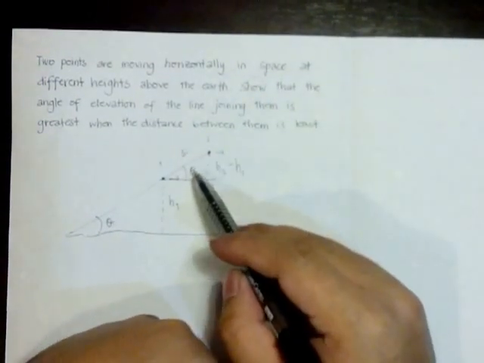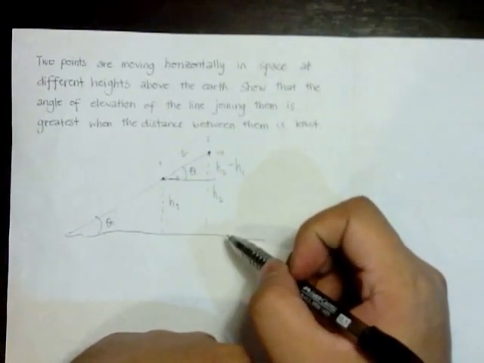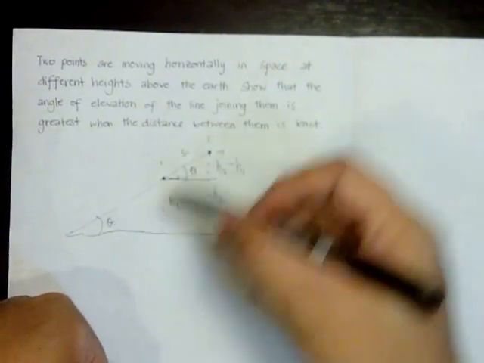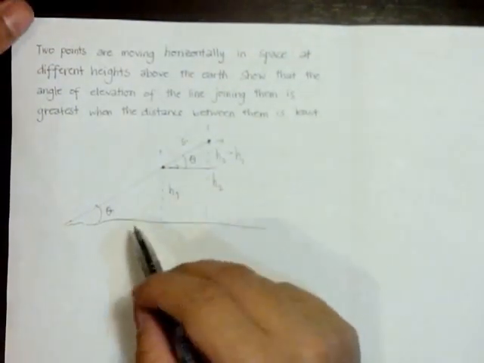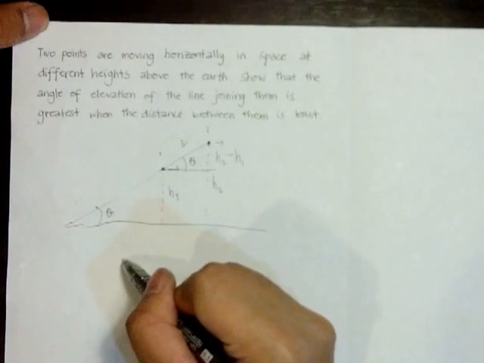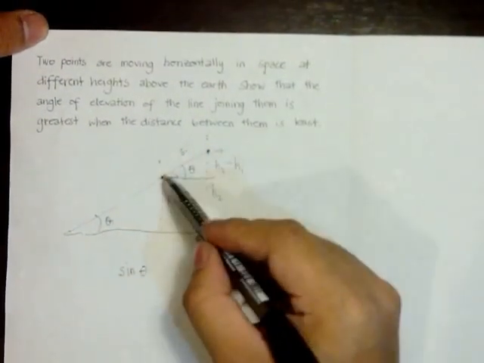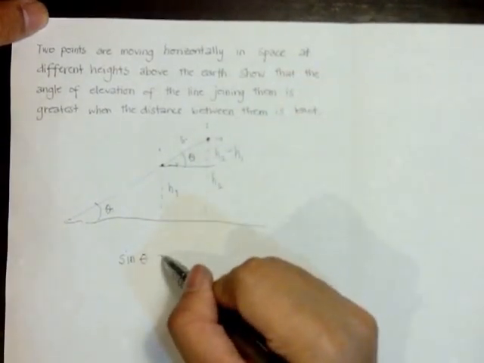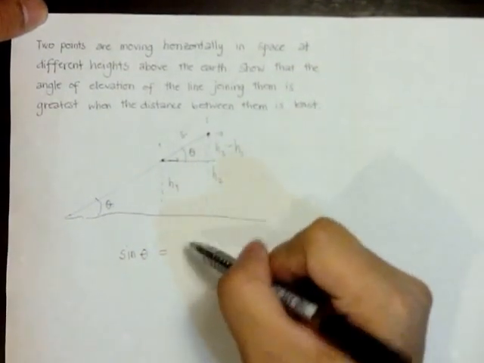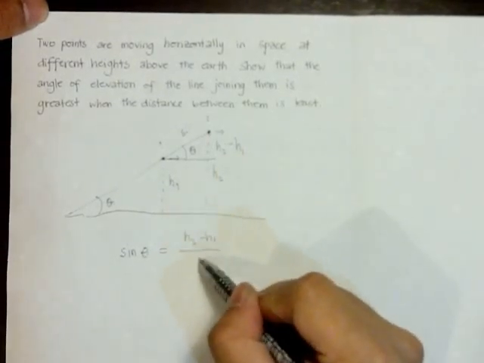So if this is our theta, or the angle of elevation, we can use this side of the triangle and s. The trigonometric function that we're going to use is sine. So sine theta, based on this triangle formed, is equal to the opposite, h2 minus h1, over the hypotenuse s.